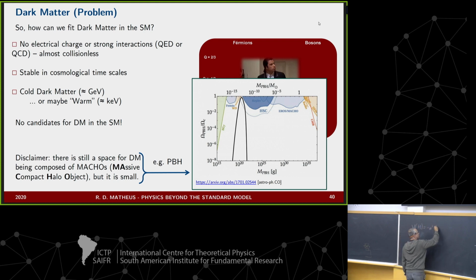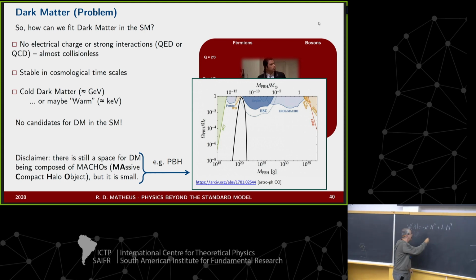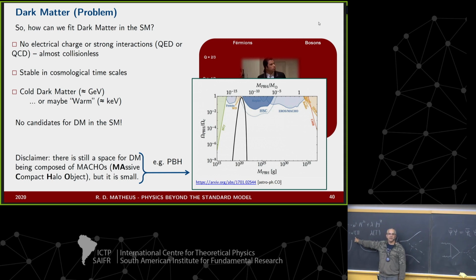I'll just simplify. It's essentially this. So a downward part, and then it restores, you get the Mexican hat. If these are temperature dependent, and this one is temperature dependent, you could have a potential that, when you heat up the universe, starts like this, goes like this, and then becomes this as this number becomes positive, right?